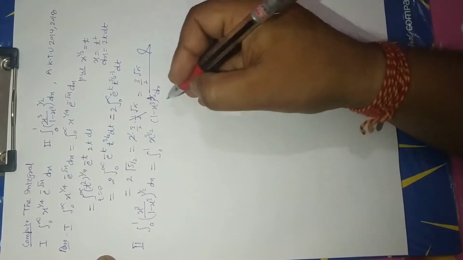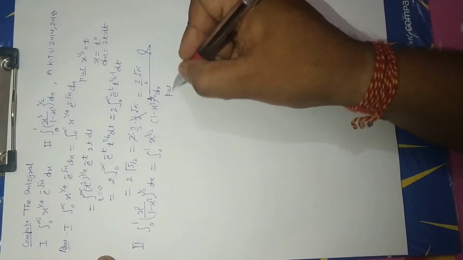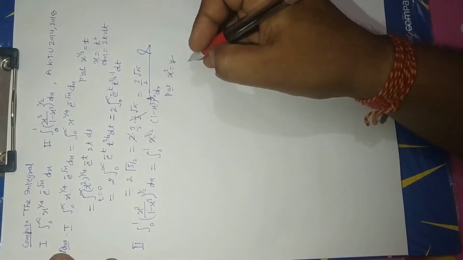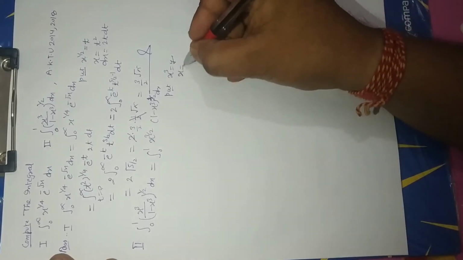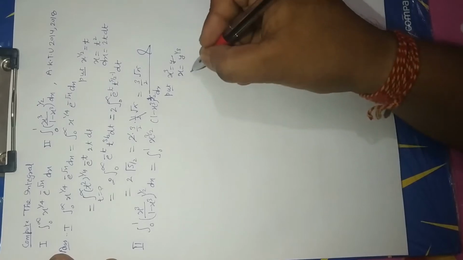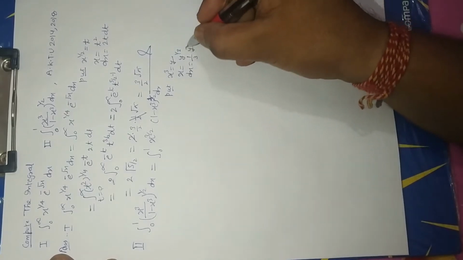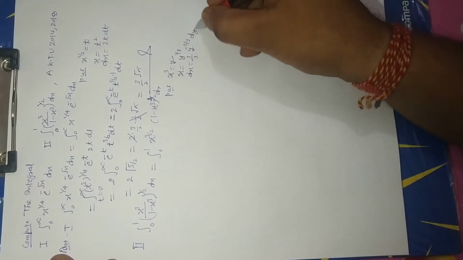Now put in this integral x cube equal to y. Now x equal y power 1 upon 3, dx equal 1 upon 3 y to the power minus 2 by 3 dy.